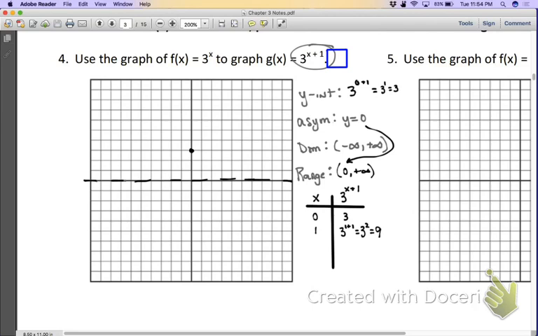Go over 1, there's 3, 6, 9. I'm going to run off the graph, that's okay, so go the other direction. Go negative 1: 3 to the negative 1 plus 1, that's 3 to the 0, which is just 1. So we have a few points. It's going to run along here and then take off.